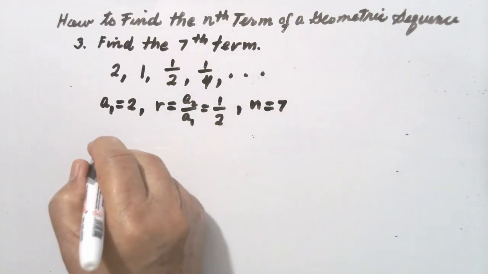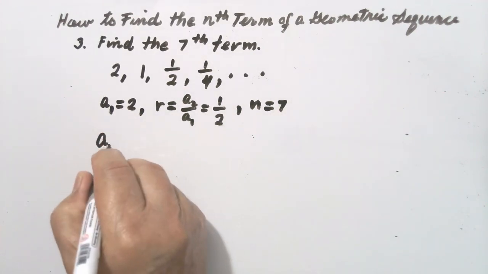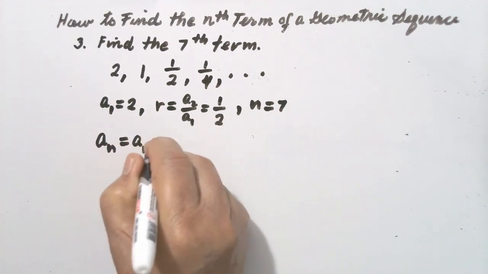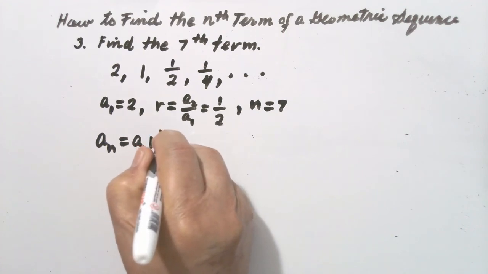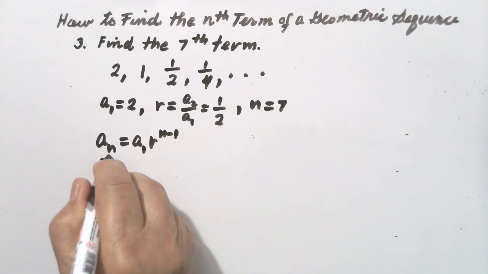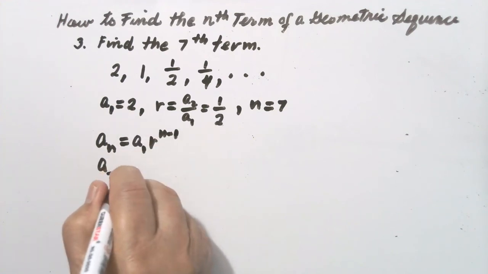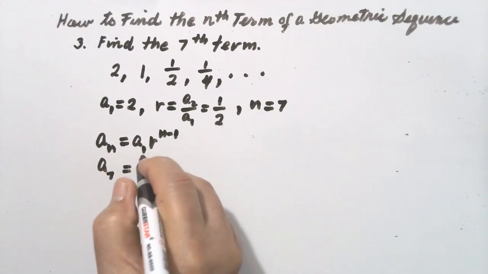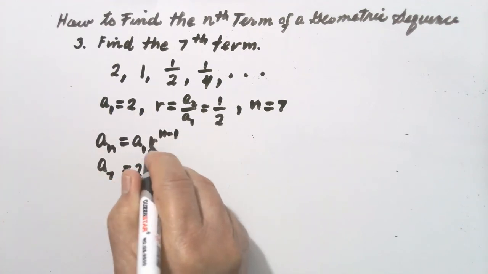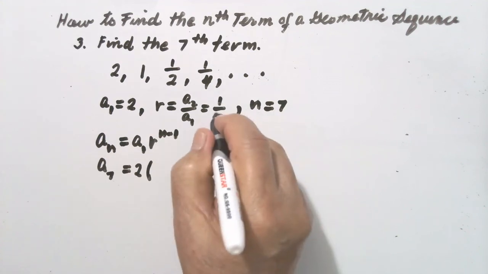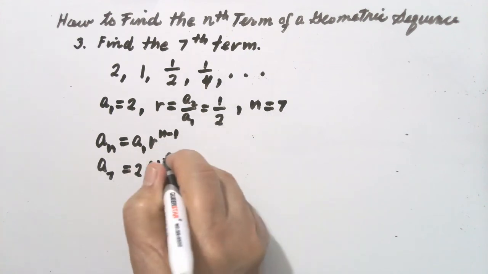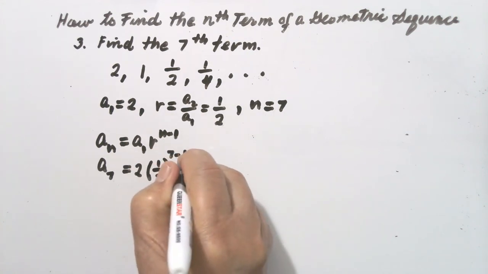And then write the formula. A sub n is equal to a sub 1 times r raised to n minus 1. So n is 7, a sub 7 is equal to, replace this by 2, r by 1 over 2, and then n by 7 minus 1.